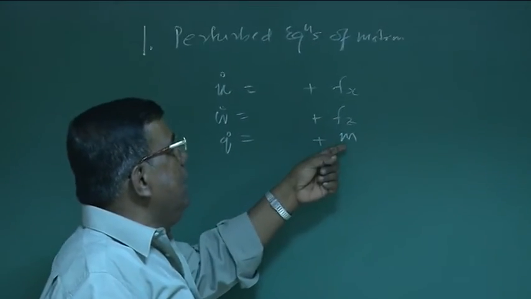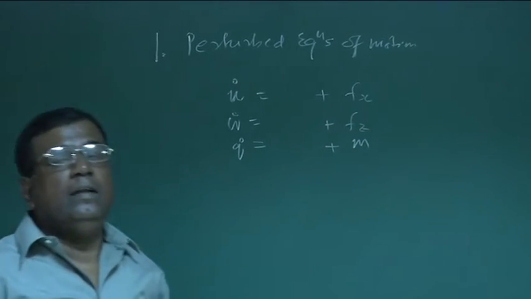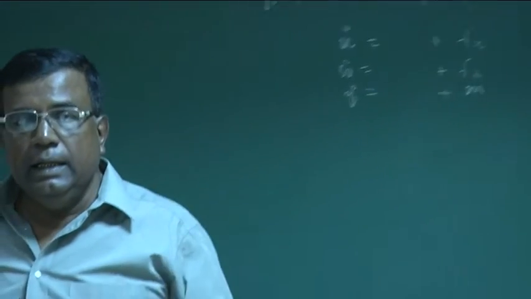Then what we did, we know these Fx, Fz and m are functions of alpha, alpha dot, q, delta E, etc. And we expanded it.